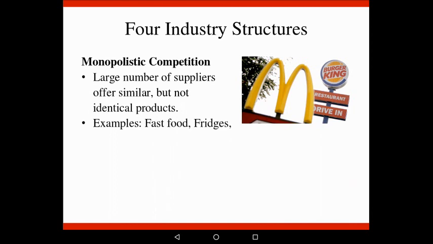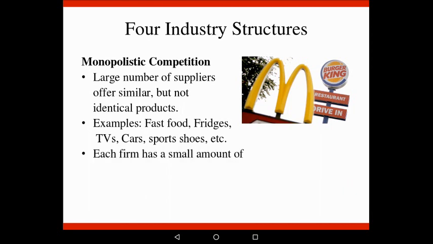And then of course also appliances like fridges or microwaves. They all do the same thing. They're all pretty similar, but they're not exactly the same. Also things like TVs, cars, sports shoes, and so forth. These all form part of monopolistic competition.